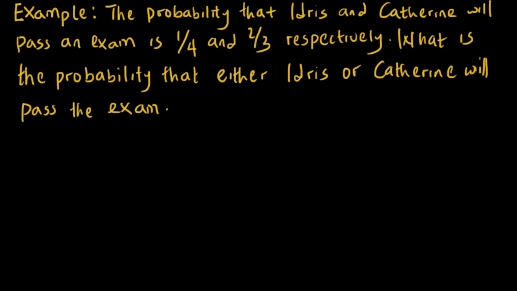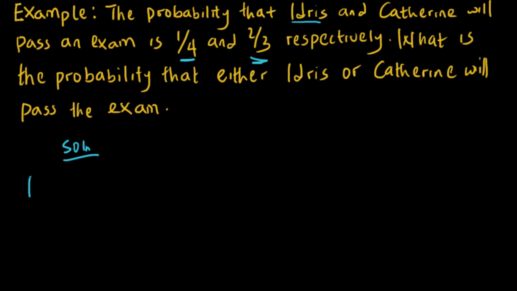So we have this example. The probability that Idris and Catherine will pass an exam is 1/4 and 2/3 respectively. What's the probability that either Idris or Catherine will pass the exam? Now, can we solve this? From the question, the probability that Idris will pass is 1/4. The probability that Catherine will pass is 2/3.